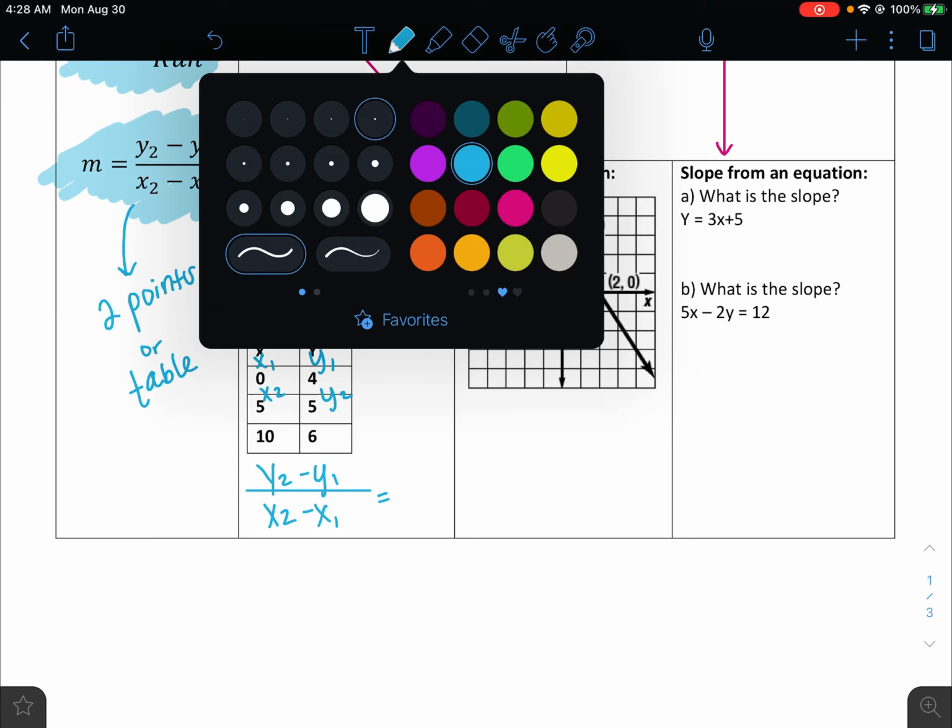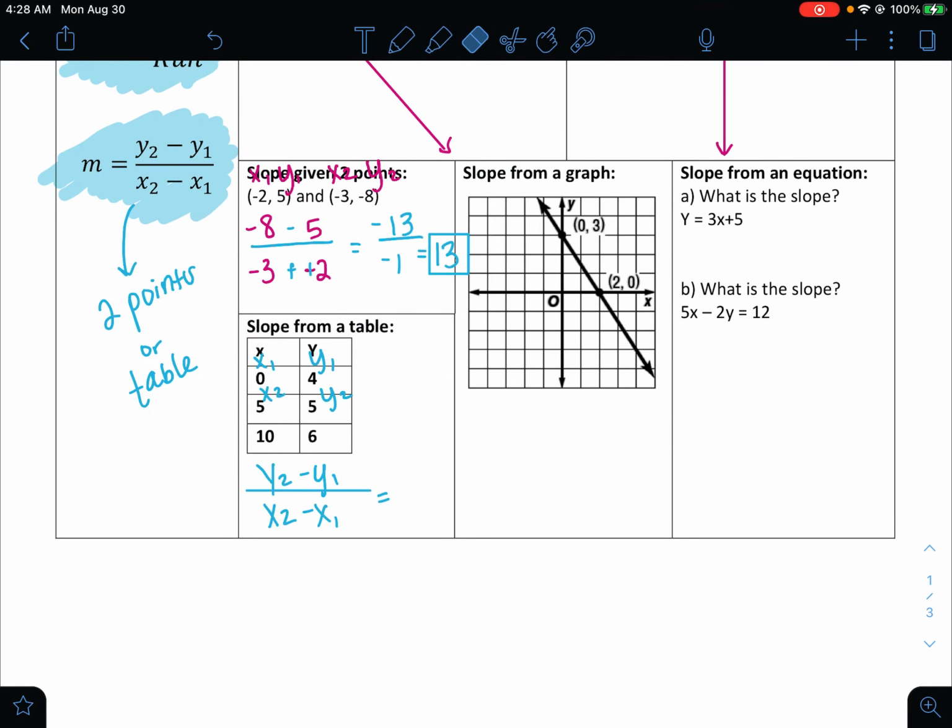And we're just going to plug in the numbers. So instead of y2, we're going to put a 5. Instead of y1, we're going to put a 4. Instead of x2, we're going to put a 5. Instead of x1, we're going to put a 0. All right, and then we just calculate that.